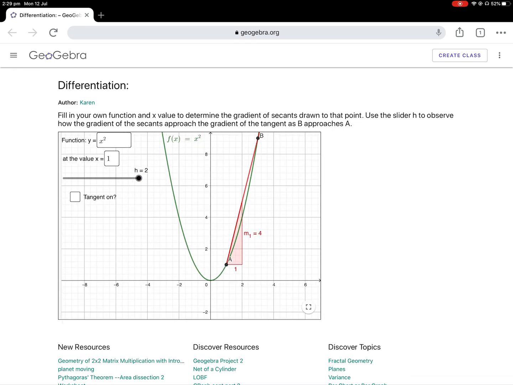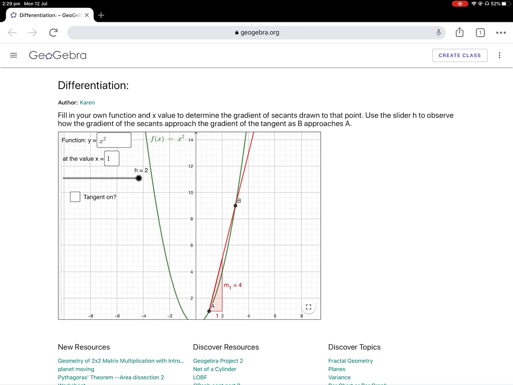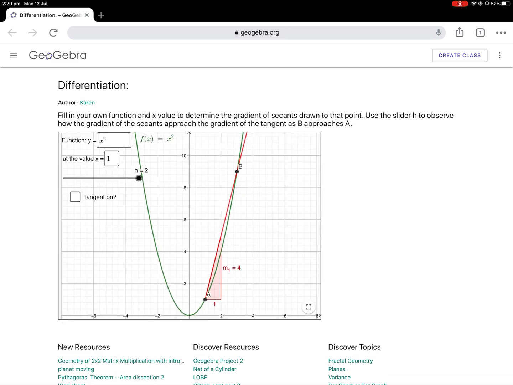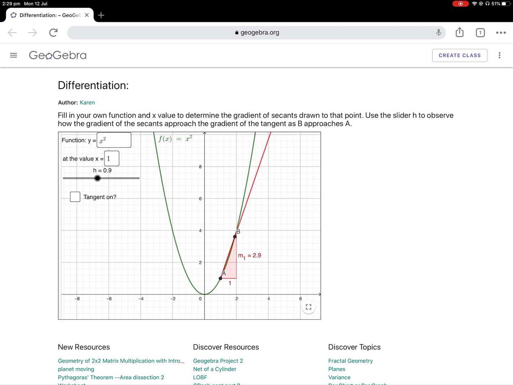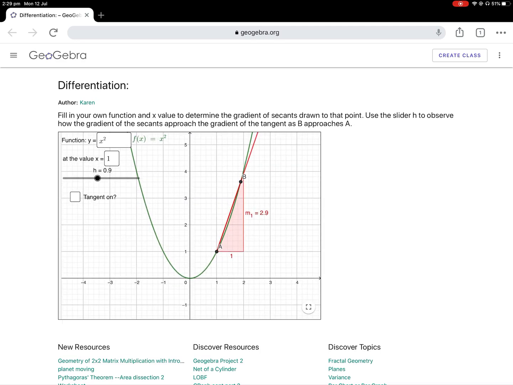Okay, you can see that there, 3, 9 is up the top there. So as I bring h closer and closer, we can see that the gradient is getting flatter and flatter, and you can see that the line is becoming closer and closer to the tangent.